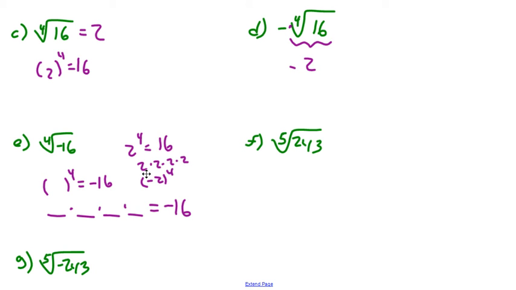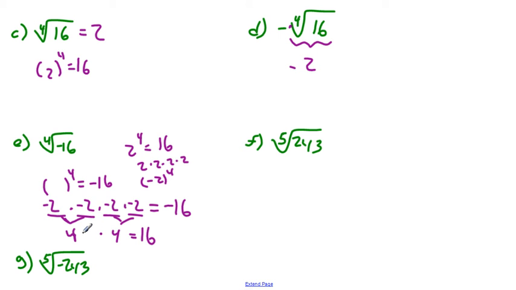Well, that means negative 2 times negative 2 times negative 2 times negative 2. Wait a minute. Let's check this out, y'all. Negative 2 times negative 2 is a positive 4. And right here, a negative 2 times a negative 2 is a positive 4. So now we multiply 4 times 4, which is a positive 16.